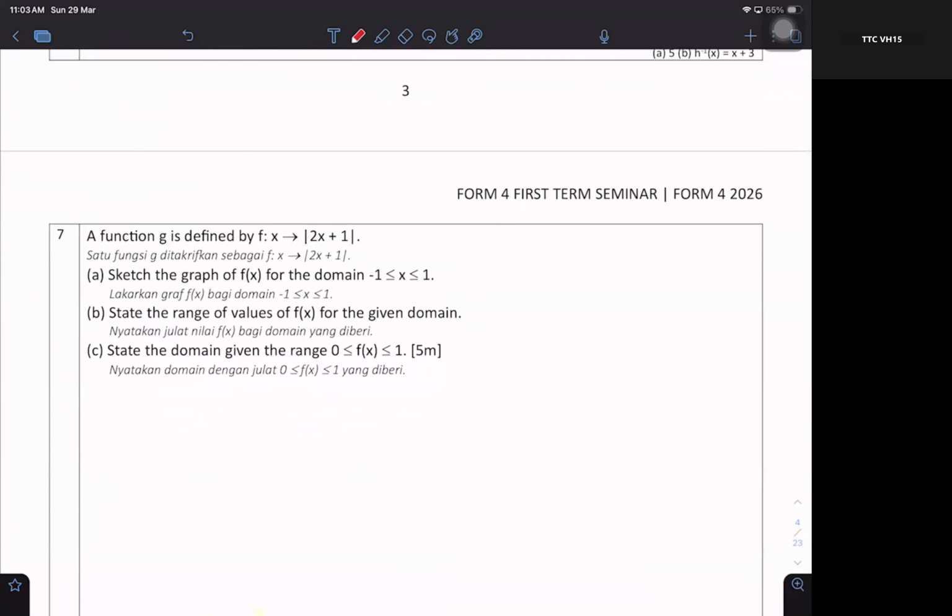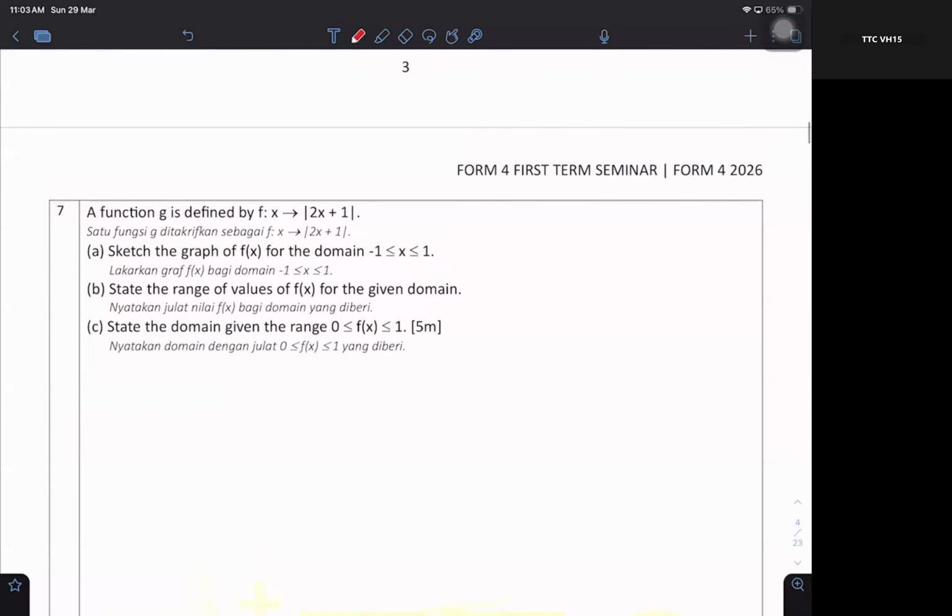Okay, next, they want you to sketch this graph. This one we do together. Sketch the graph for this modulus.